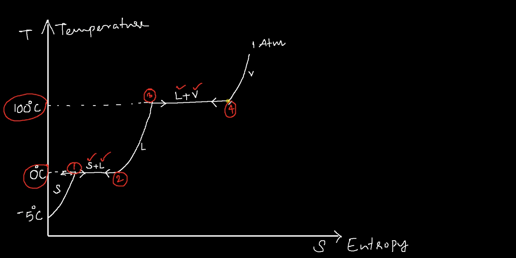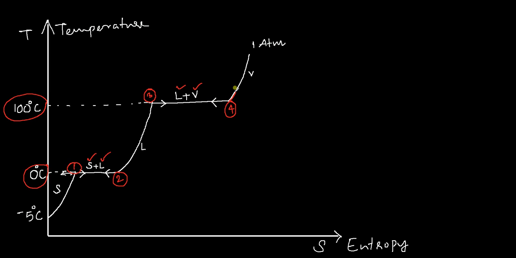Now, if you remove heat from saturated vapor, it will start to condense and form liquid. And if you add heat to saturated vapor, it will start increase the temperature. So as soon as you add heat to saturated vapor at point 4, the temperature will start to rise.